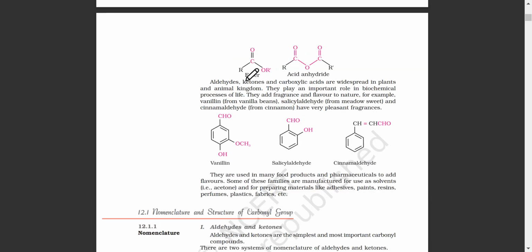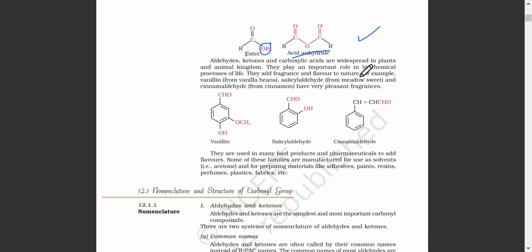It's here where you have the esters and the acid anhydrides. You can actually see if you have an OR group attached, it's an ester, and acid anhydride basically we get by dehydrating. If you take two carboxylic acids, we'll take out the water molecule and you'll get an acid anhydride. It's a self-explanatory term, so you can understand. We will still go through it in detail when we read further.